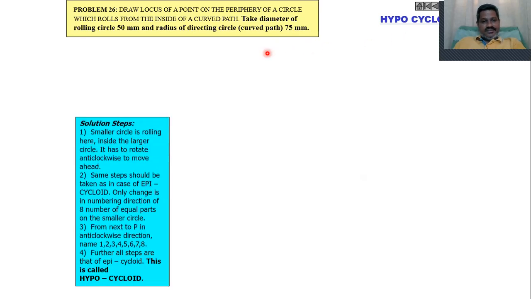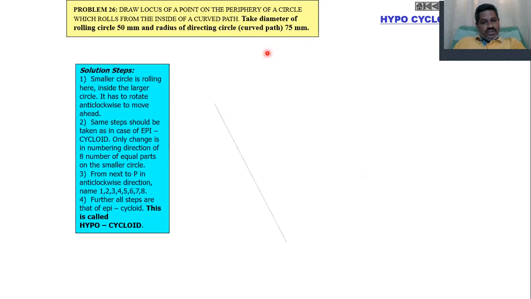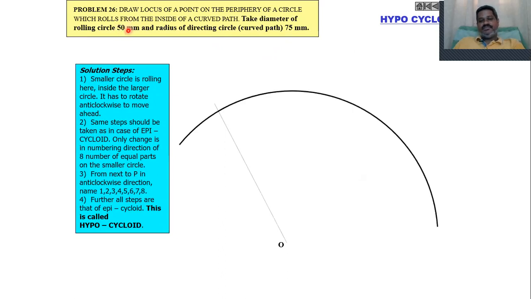Now in this case, draw a directing circle first. In this case, the directing circle radius will become 75 plus 25, the radius of the generating circle, like this.